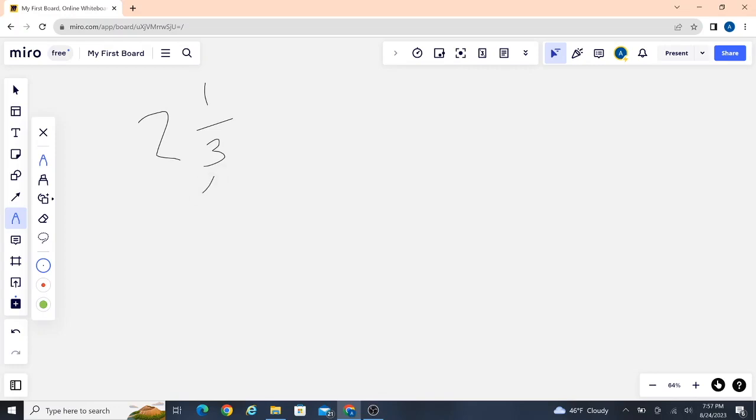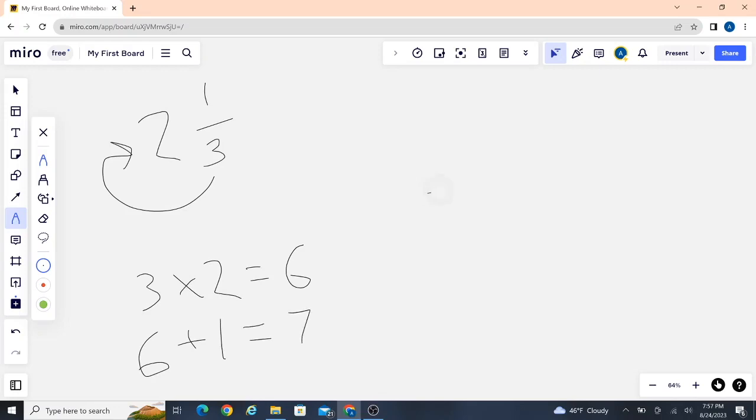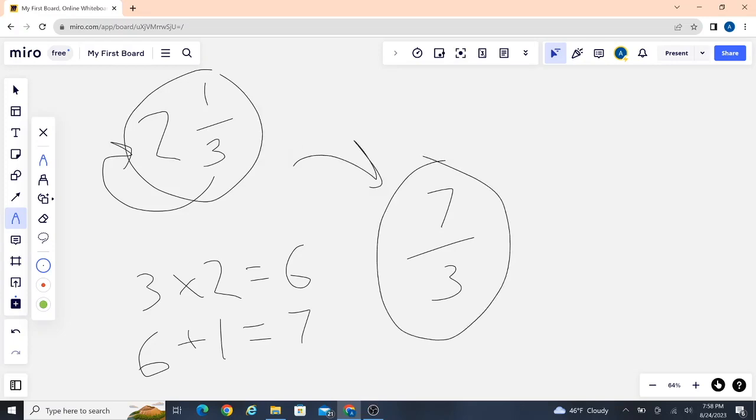We're going to take our denominator and multiply it by our whole number. So 3 times 2, that's going to give us 6. And now we're going to say 6 plus the numerator, which is 1, and that's going to give us 7. So our answer is 7/3, because again, the denominator just stays the same. So 2 and 1/3 is the same as 7/3.